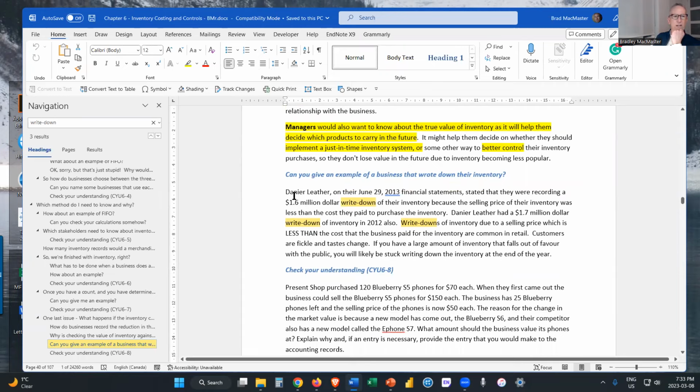dealing with Danier Leather. You familiar with this business? I am not. So they're a leather goods fashion retailer, which has stores in some of the major malls. And it seems like they frequently end up writing down the value of their inventory because of the application of this lower of cost or market rule.